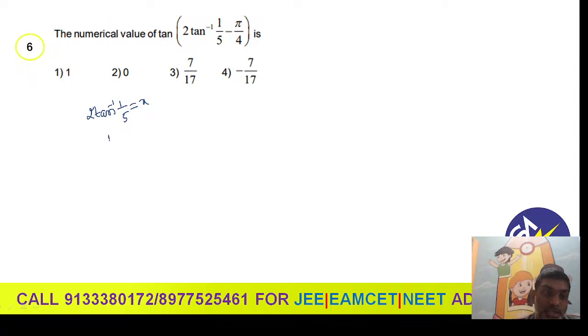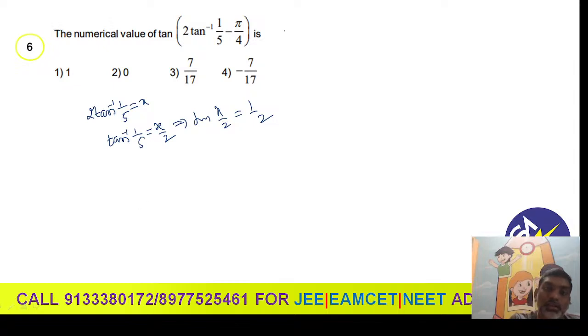From this we can get tan inverse of 1 by 5 equal to x by 2, right? Tan inverse of 1 by 5 is equal to x by 2, then tan of x by 2 is equal to 1 by 5.